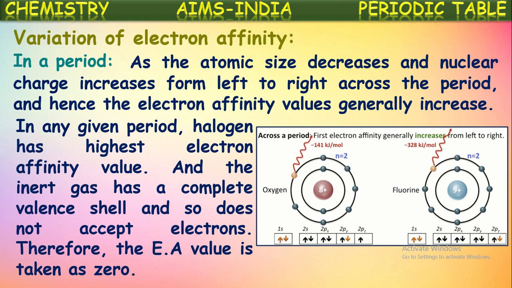But noble gases already have a stable configuration. They do not accept any electrons, so there is no question of releasing energy. So the electron affinity or electron gain enthalpy for noble gases is considered as 0. So from alkali metals to halogens it gradually increases. That means halogen has the greatest electron affinity in any period and alkali metals have the lowest.